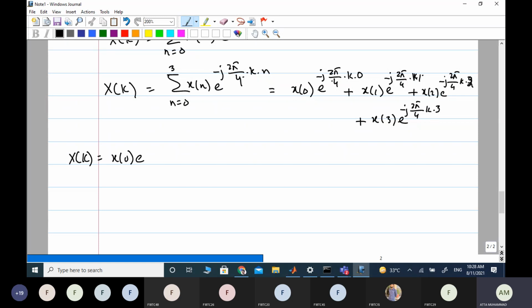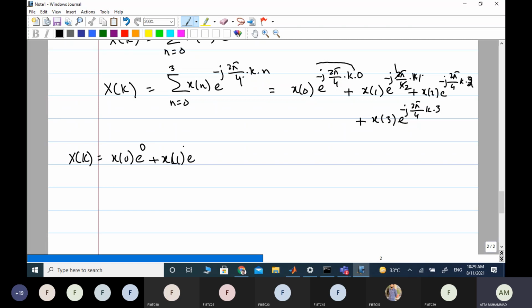Now you can see this 0 is multiplied with this complete term and it makes it 0. So e power 0, and we know e power 0 is 1. Anything power 0 is 1. And x of 1 e to the power, now you can see, can we cancel this?